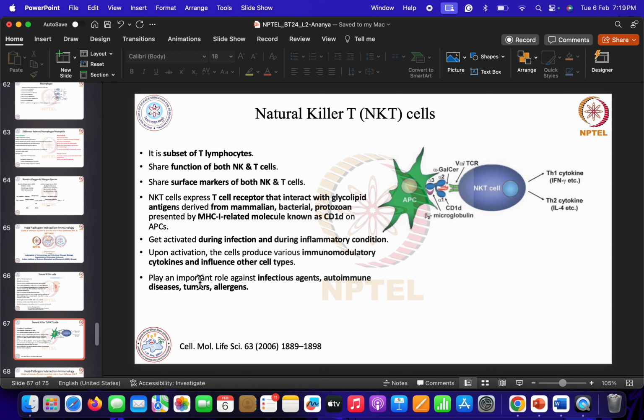Upon activation, the cells produce various immunomodulatory cytokines and influence other cell types. Examples of immunomodulatory cytokines are the Th1 cytokine IFN gamma and the Th2 cytokine interleukin 4. They play an important role against infectious agents, autoimmune disease, tumors, and allergens.